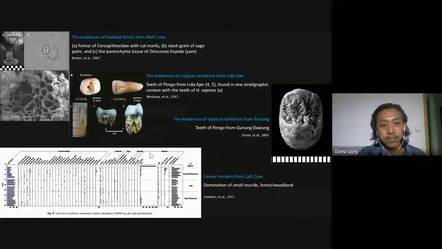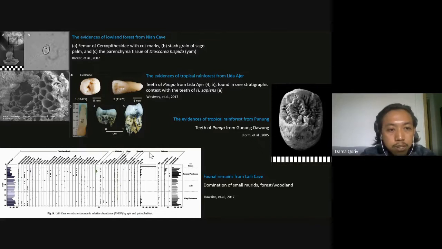But in the other parts, in many sites of hominin during the Upper Pleistocene, the environmental context is rather rainforest or more dense forest. So it is not open woodland. For example, here we can see the evidence from Niah Cave in the northern part of Borneo.